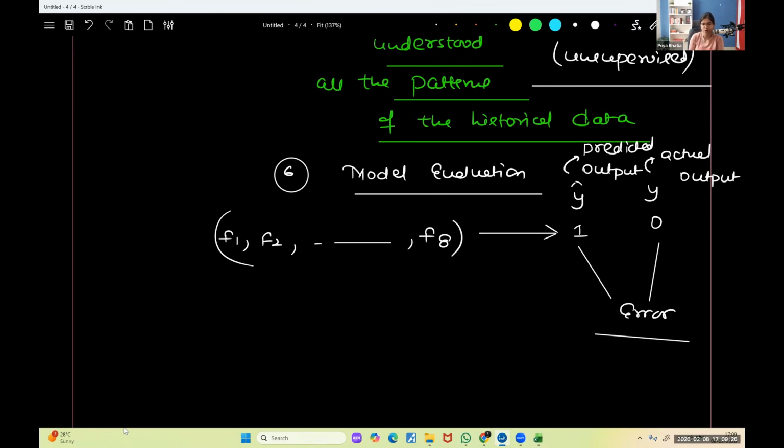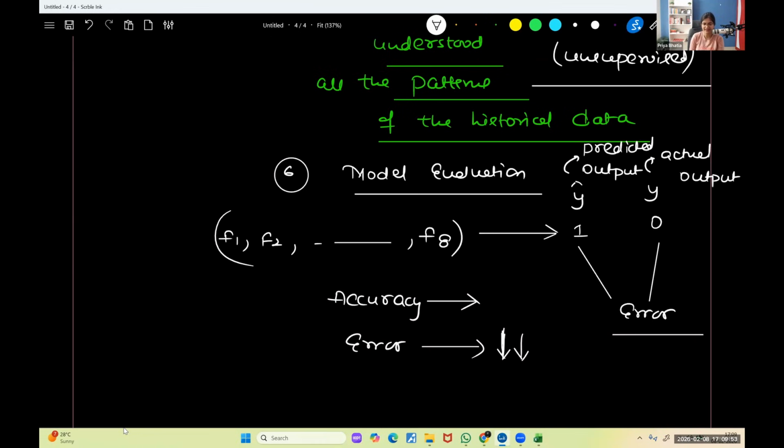And if we have more errors, it means the accuracy will be very, very low. So in the phase of model evaluation, we try to see what is the overall accuracy of the model, what is the overall error rate of my model. Obviously the error should be less, and only in that case will our accuracy be high.